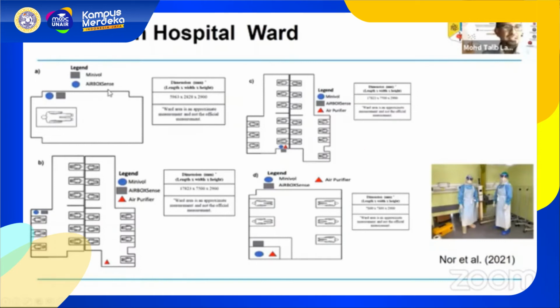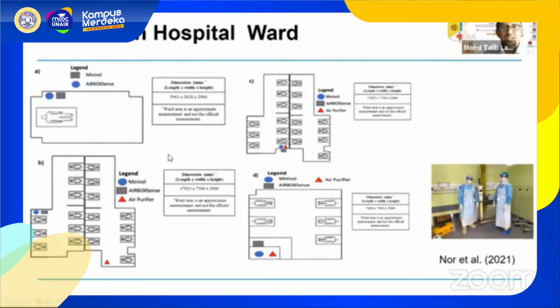This one is a different type of room. We used a mini volume sampler to collect PM10, as well as a sensor developed by Dr. Shahrul called AirboxSense. Several rooms had a purifier, while the other rooms only had a bed without any purifier.